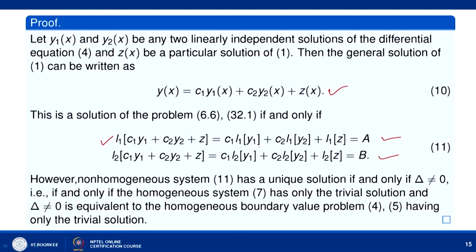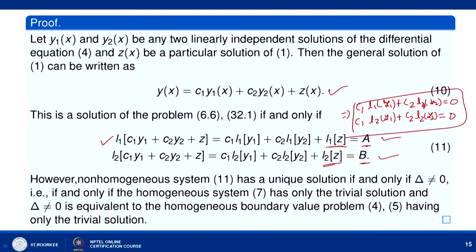If you simplify this, since L1 z = a and L2 z = b, equation 11 reduces to c1 L1 y1 + c2 L1 y2 = 0, and c1 L2 y1 + c2 L2 y2 = 0.